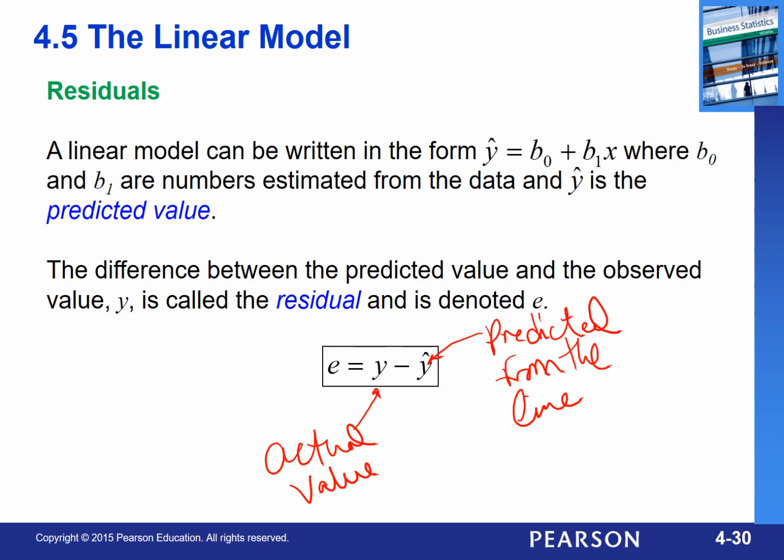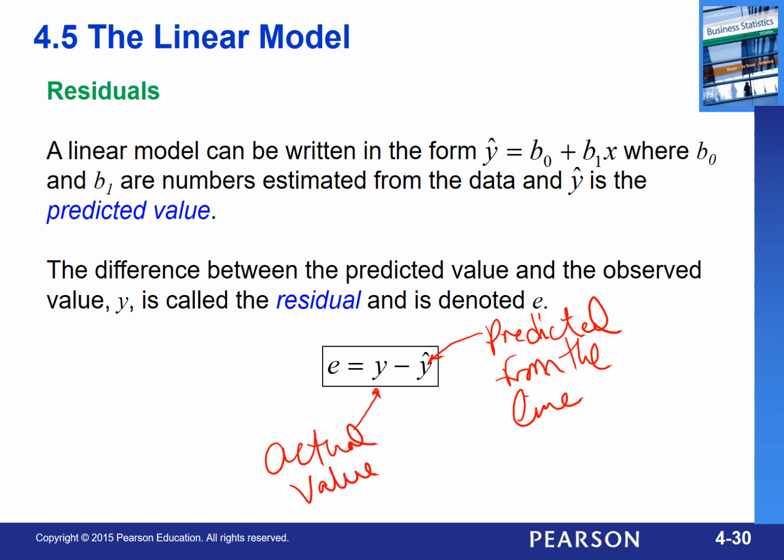If we take a linear model of a line, this is the equation we're going to be using: y hat, which stands for predicted y, equals b0 plus b1 x, with intercept b0 and slope b1. These are the predictions we get if we use the line.